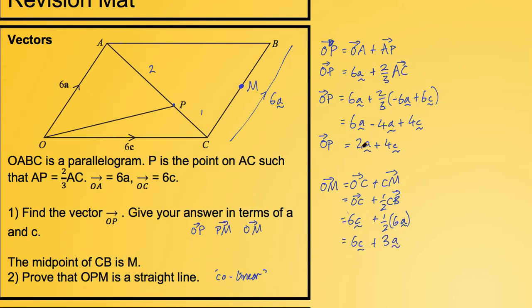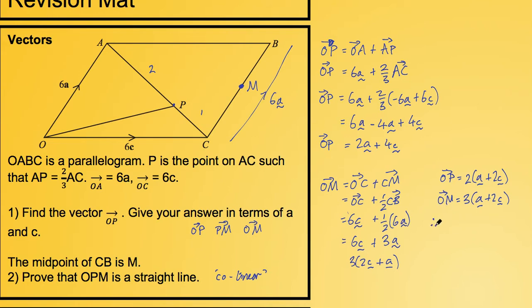So if I'm comparing these, I would say that OP is 2 lots of A plus 2C, and I can say that OM is 3 lots of A plus 2C. If I factorize that bit, that would be in brackets 3 lots of 2C plus A, which is what I've got here.